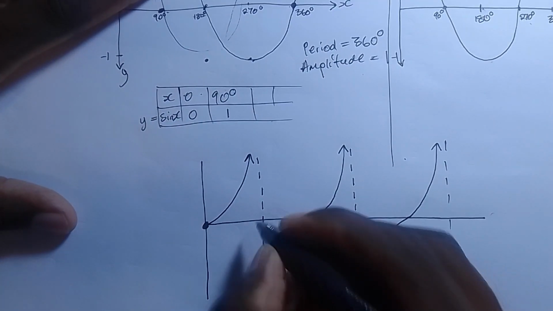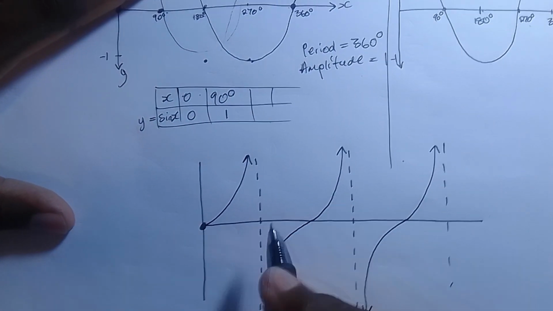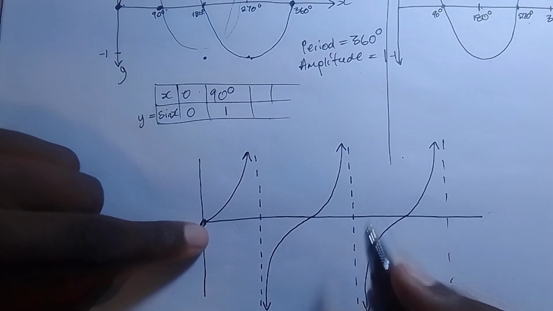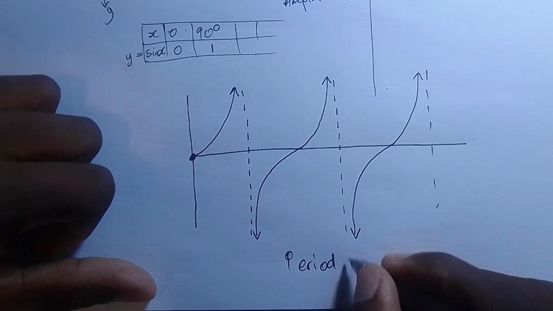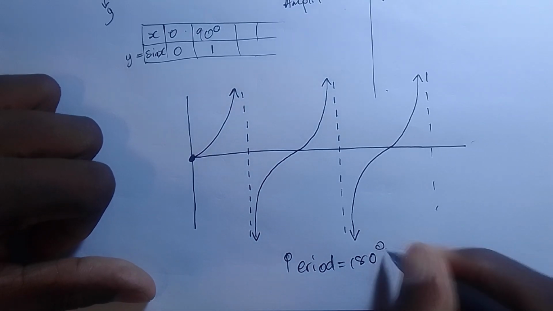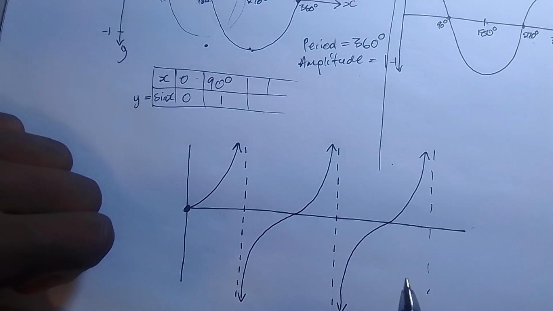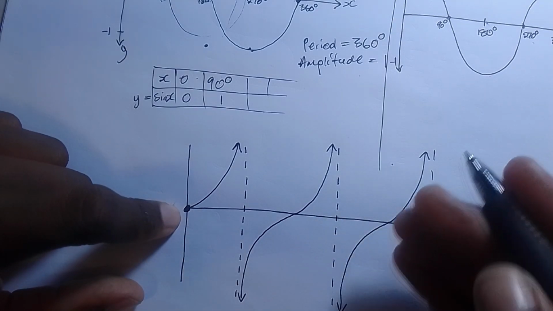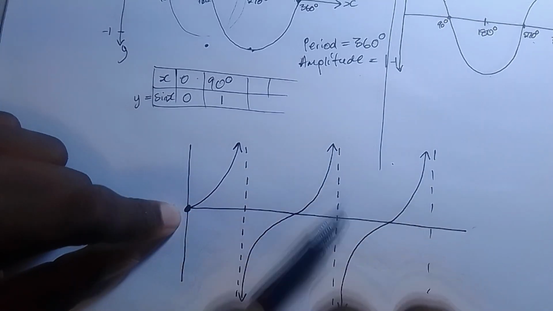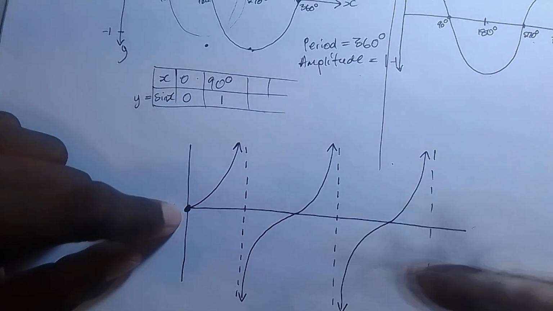Now the period for the tan graph is 180, unlike the ones at the top. It's 180 degrees. What does that mean? The time taken to complete a full cycle is 180. Now let's try looking for a full cycle.